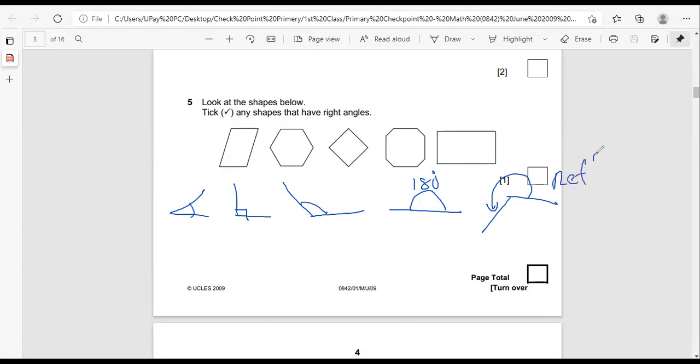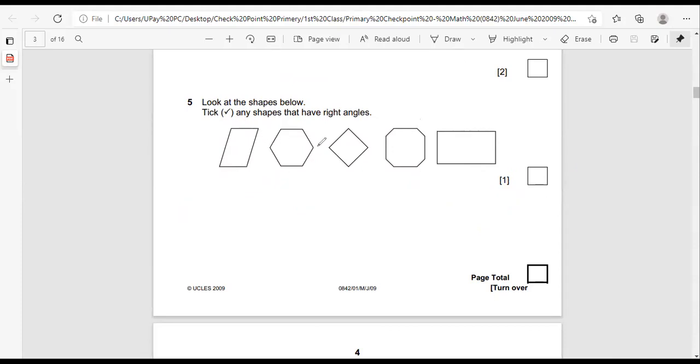Reflex angle. So those are the 5 angles you have learned. So by looking at this, you can see only right angle, this as well as this. Okay, if you look at here, it's acute, here obtuse, and here obtuse, and here also obtuse. You can see only right angle, you can see these two only. That is the answer.